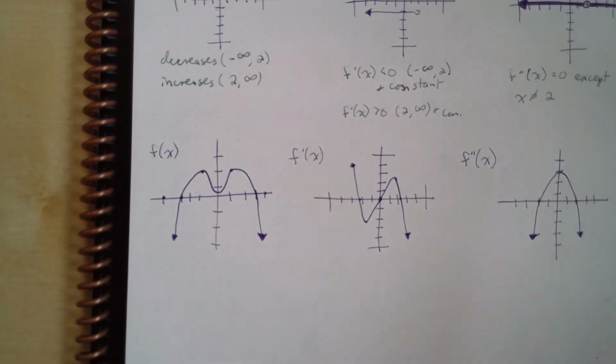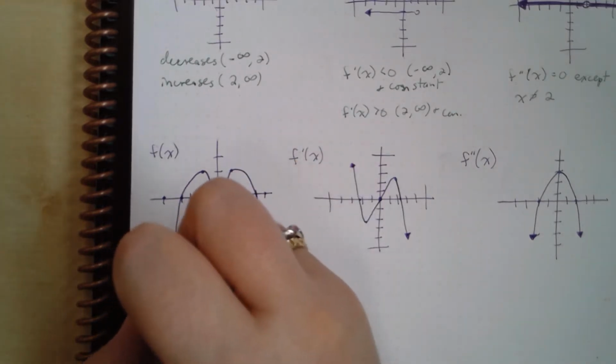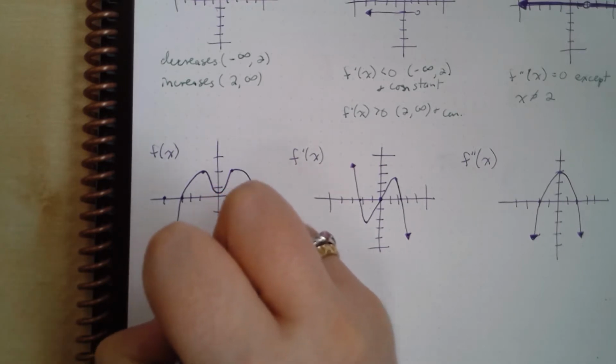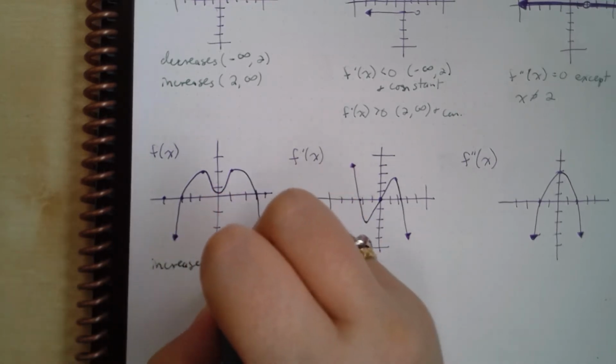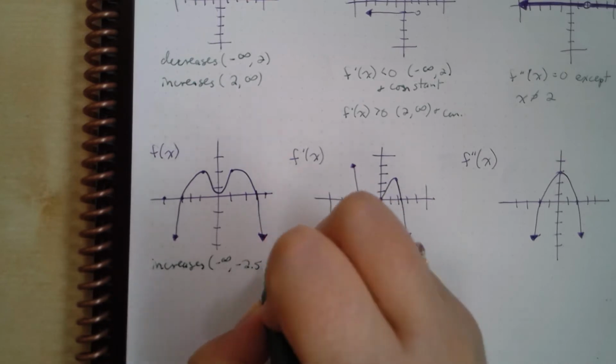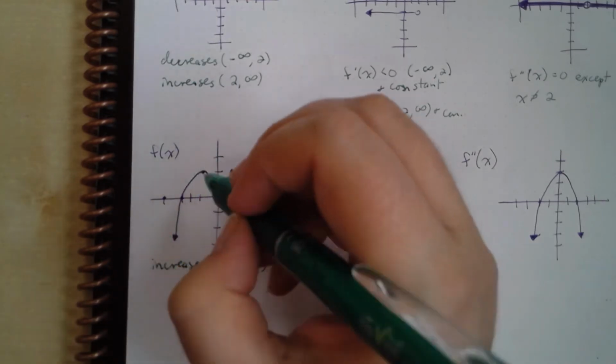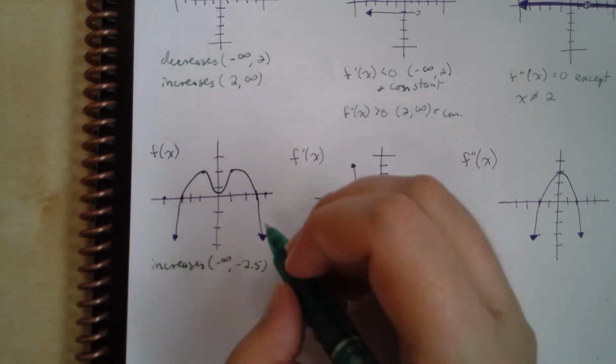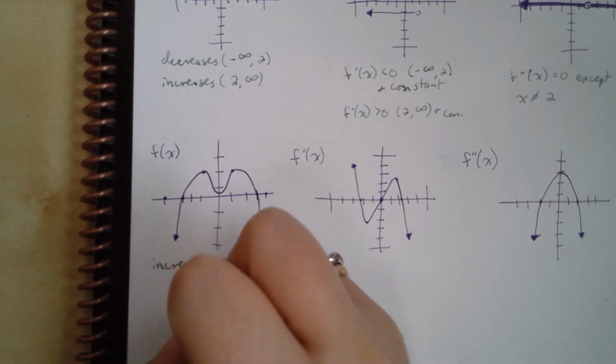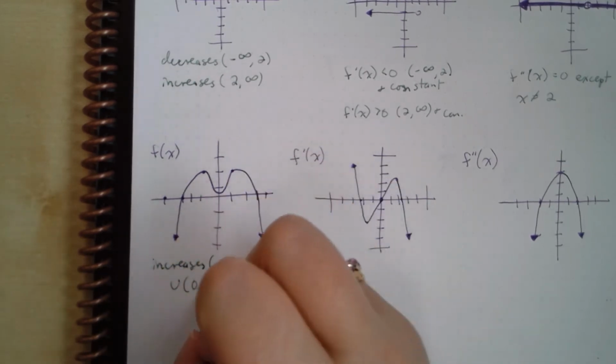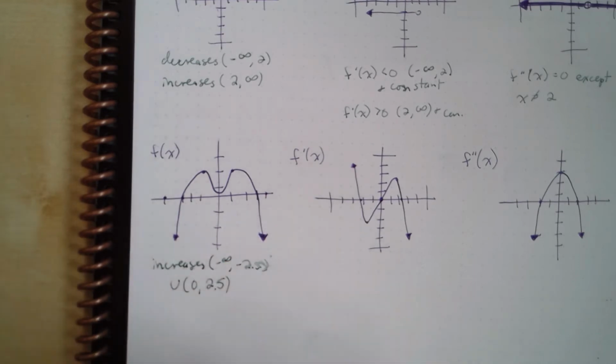We have this beautiful equation. I didn't draw it very well, but it increases from negative infinity to negative 2.5, and then, right here, this is that negative 2.5, and then again from 0 to 2.5, right? Beautiful.